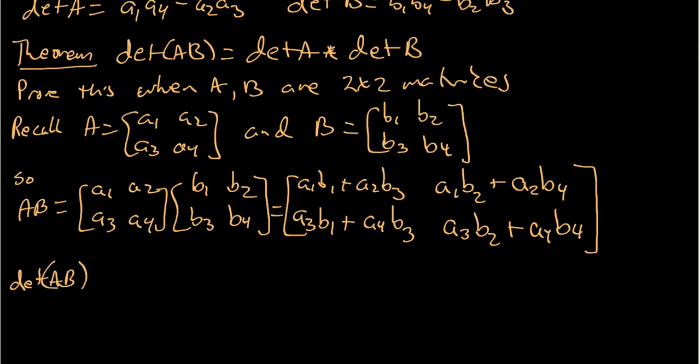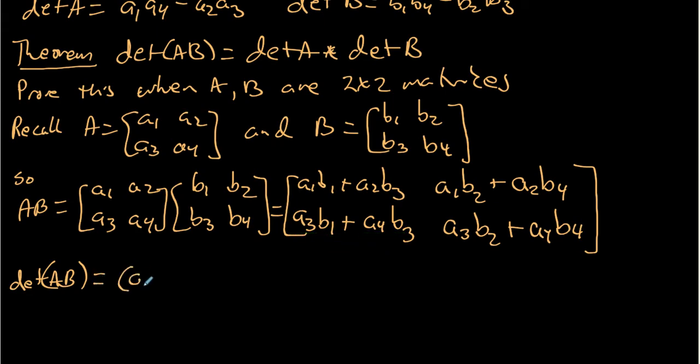Well, once we have AB computed, we can easily compute the determinant of A times B. The determinant of A times B is going to be that particular number times this number minus this number times this number. And so we're just going to write that product out right now with parentheses.